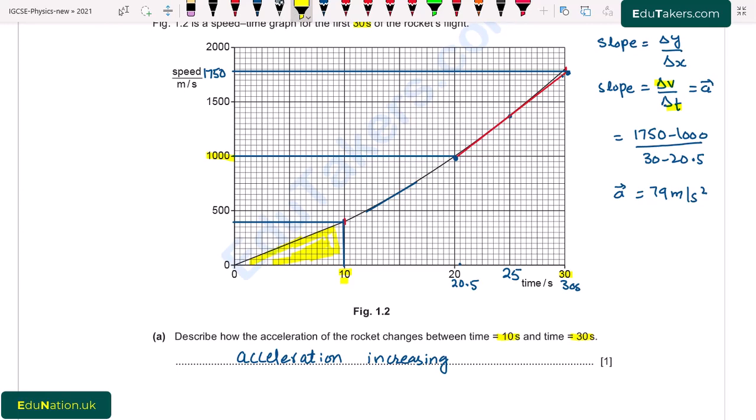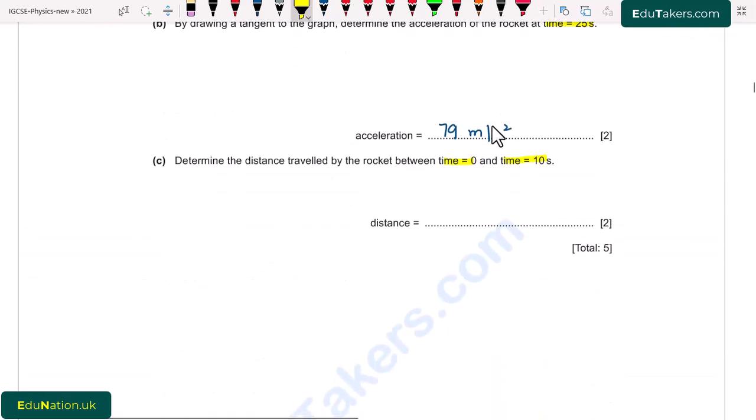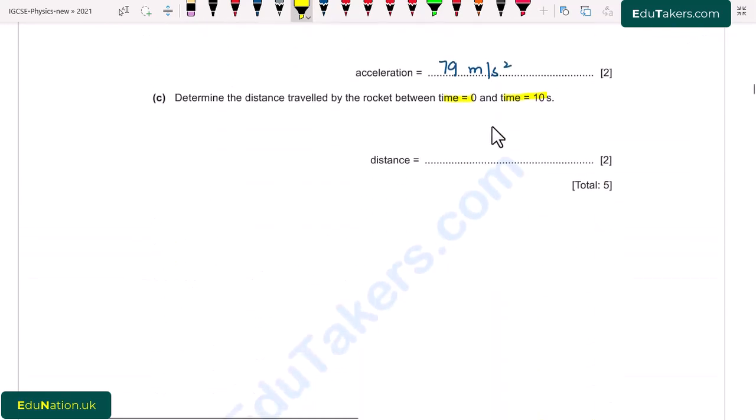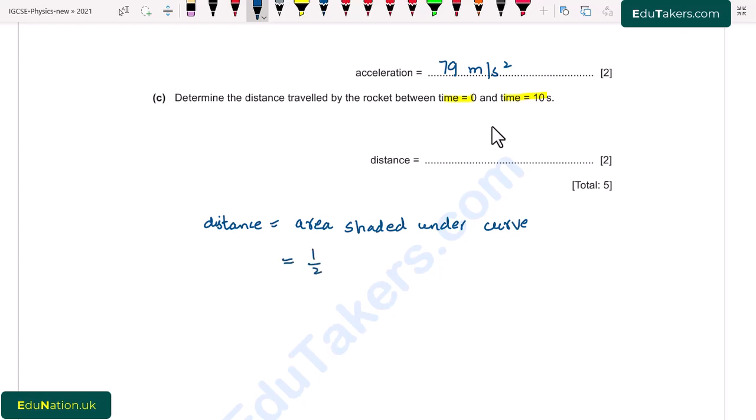So I write here that distance traveled by body will be equal to area shaded under curve, and it's a triangle, so its area will be equal to 1/2 base multiplied by height.